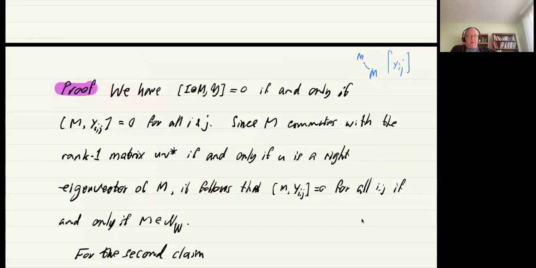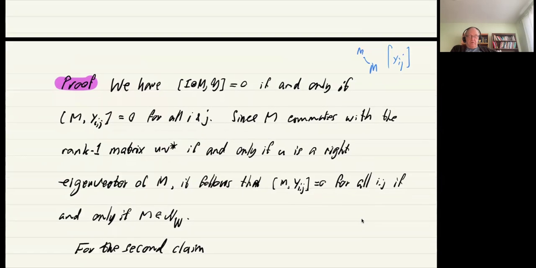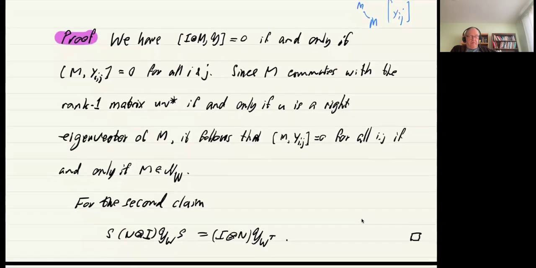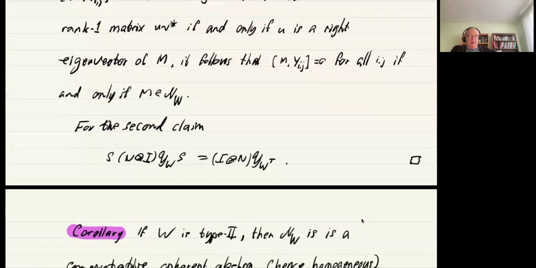If M commutes with all these guys, then each is a rank 1 right eigenvector. So that tells me that M commutes with all these things, and therefore it's in the Nomura algebra. I probably shouldn't have written a star there, but you get the idea. It doesn't affect anything I'm doing.